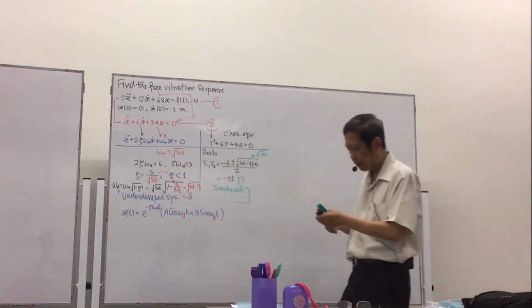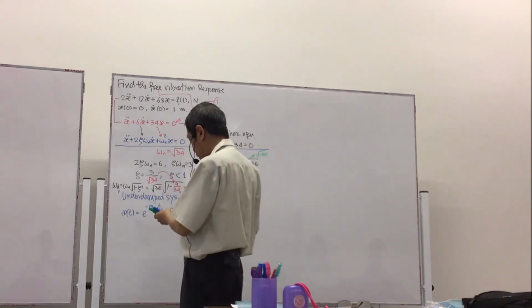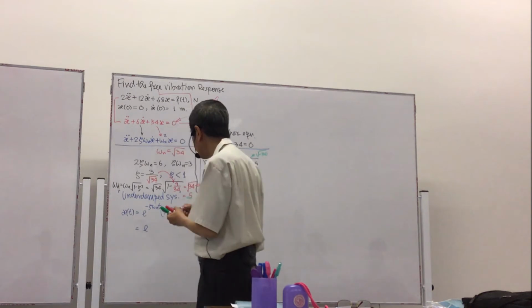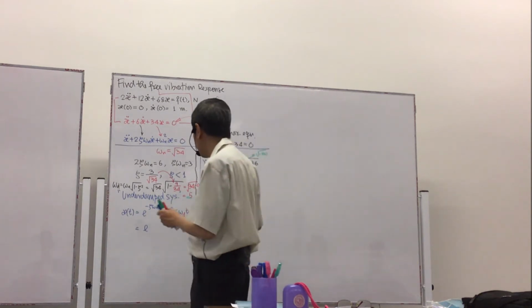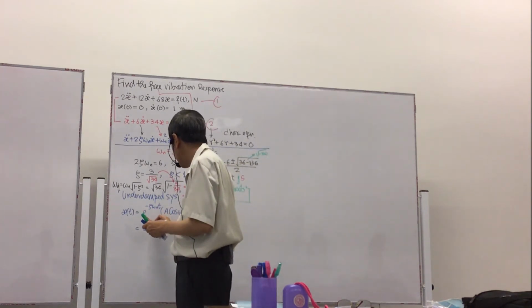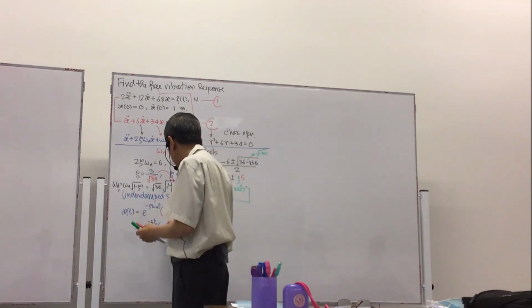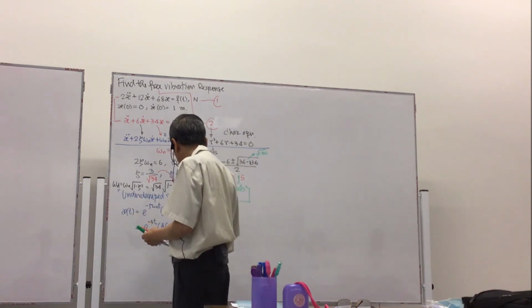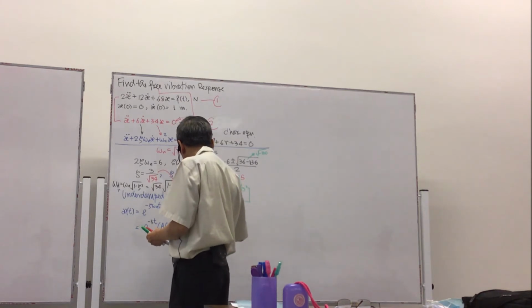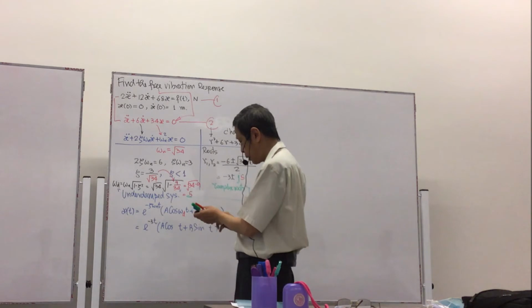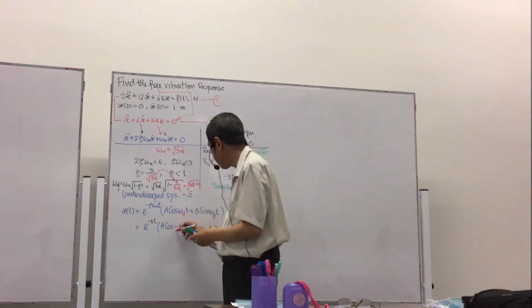So if I substitute into this function, it becomes e to the minus 3t, A cosine plus B sine, with omega sub d equal to 5.